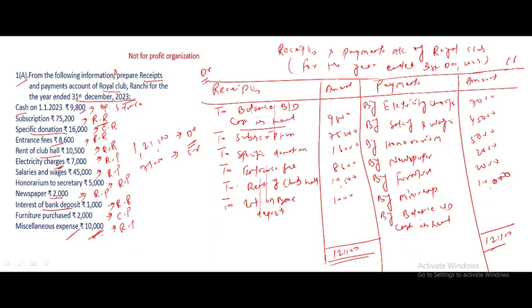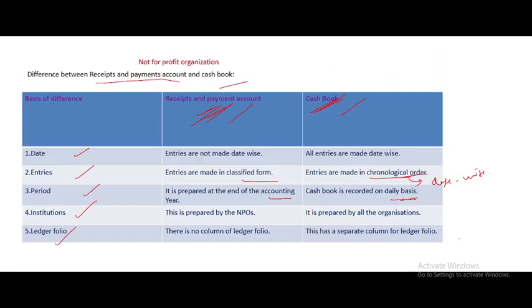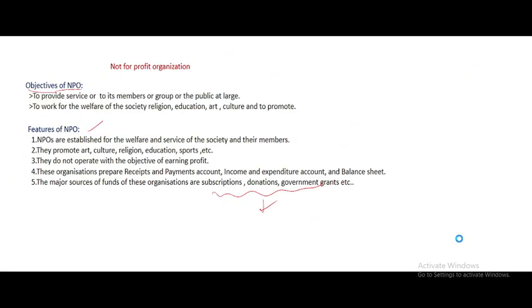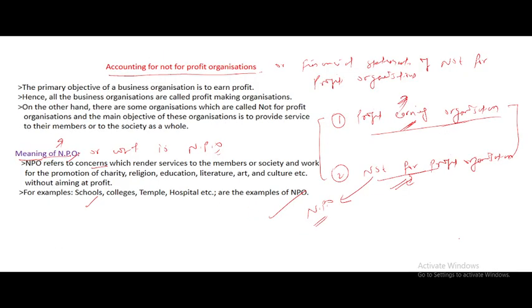Now, what is the amount? To find it, take the difference between these two amounts. 1,21,100 minus 71,000, and the amount we find is 50,100. This is the closing cash balance, 50,100. Okay, students.